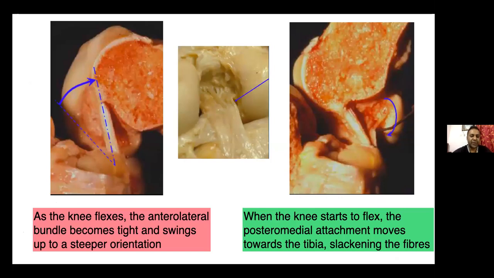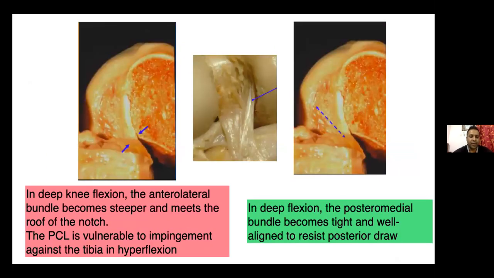In this picture, we can see that when the knee flexes, the anterolateral bundle becomes tight and swings up to a steeper orientation, whereas the posteromedial bundle moves towards the tibia and there is slackening of the fibers. When the knee goes into deep flexion, the anterolateral bundle becomes steeper and meets the roof of the notch.